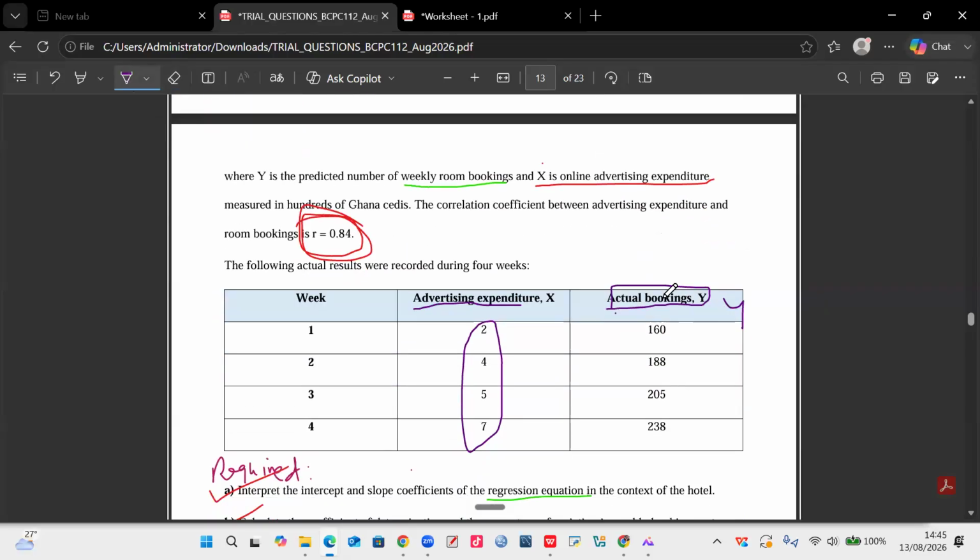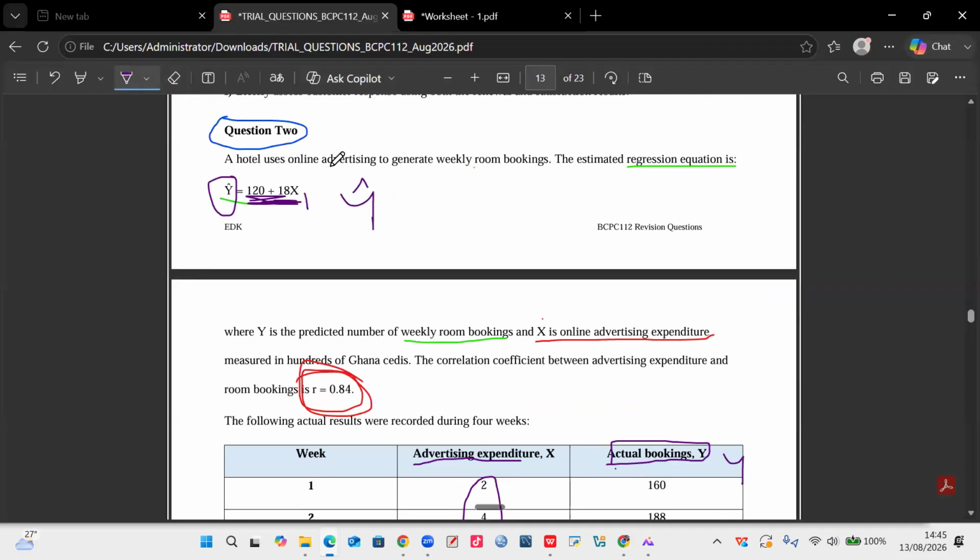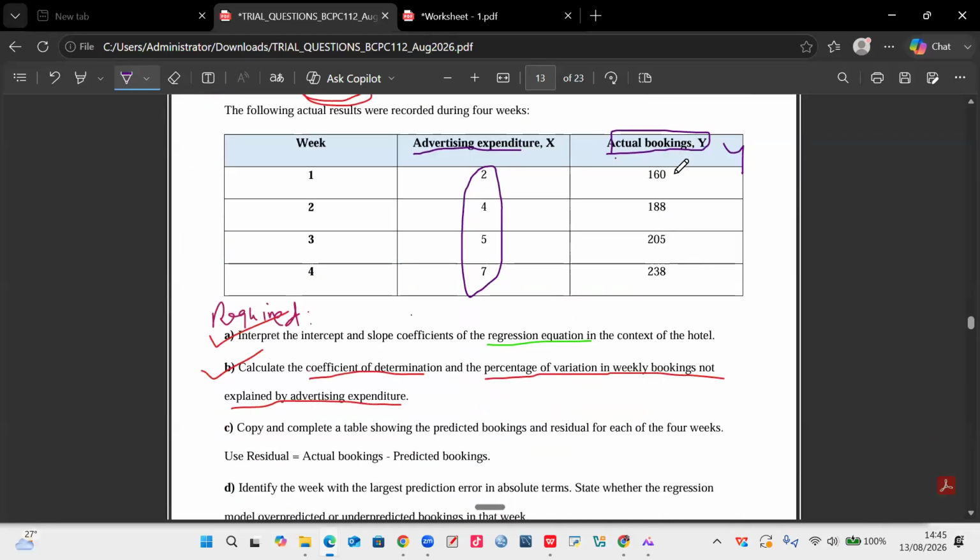But these bookings here, the values are actual. There is no hat on it. So what the question is saying is that we should go and compute the predicted Y weekly sales, then compare with the actual for each week.